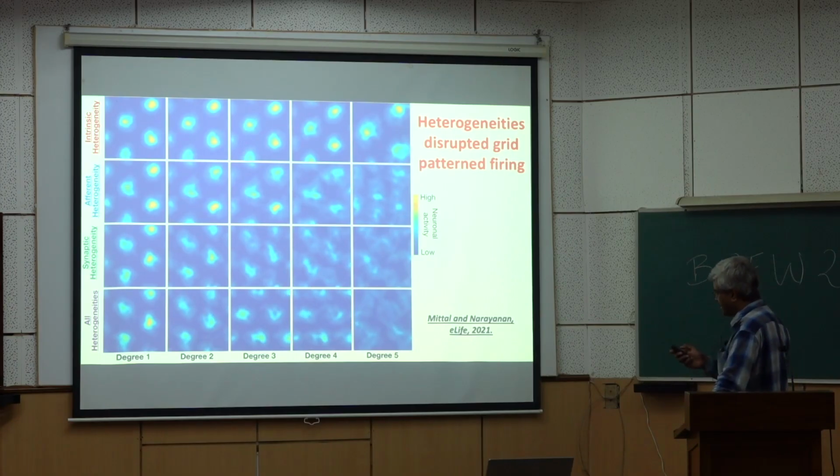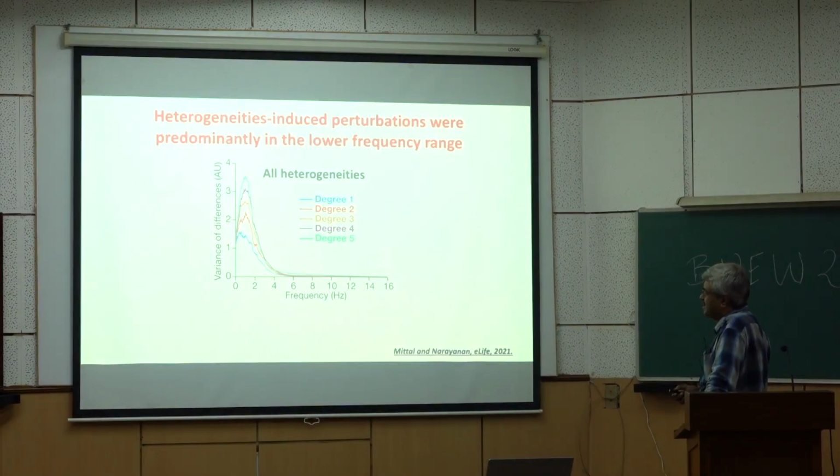Right? So then he went into the mechanistic understanding of why exactly this is happening, and he found that the difference between a homogeneous network and different heterogeneous networks, the activity differences were predominantly in the low frequency end. Right?